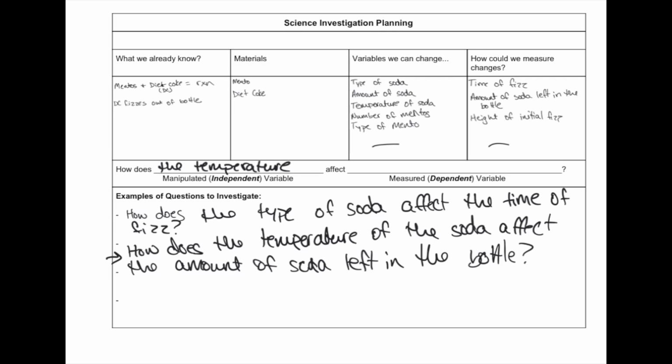All right, affect, all right, and amount of soda left in the bottle. All right, and so that's going to be our measured variable, right? That's something I can very easily measure, or our dependent variable, okay? So next, I'm going to go to the previous page, right? So how does the temperature affect the amount of soda left?